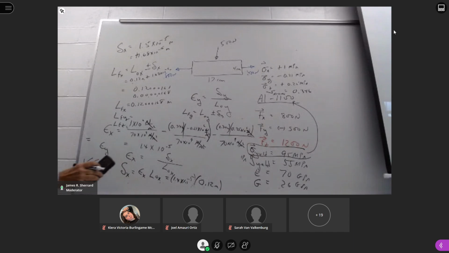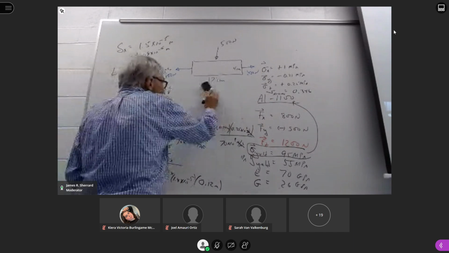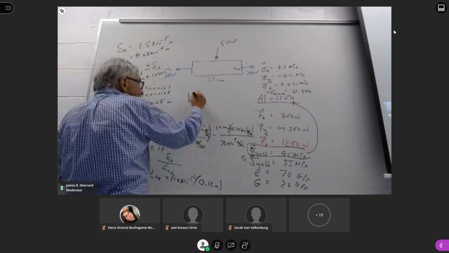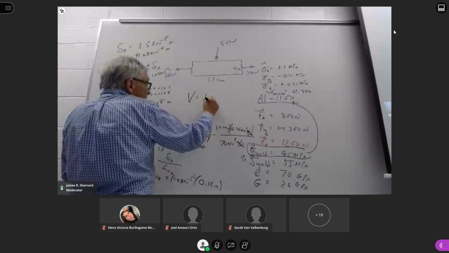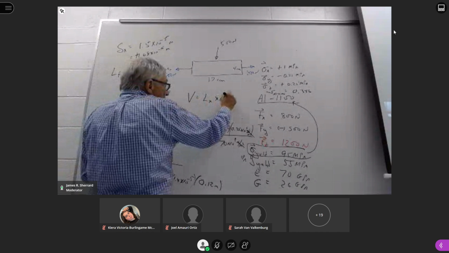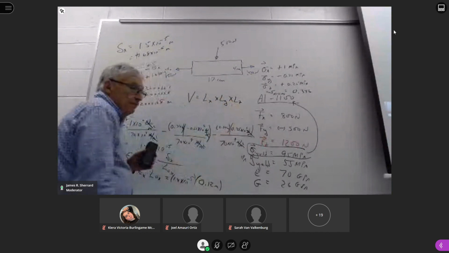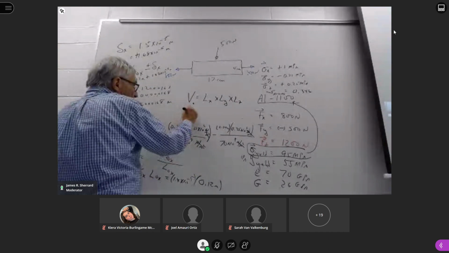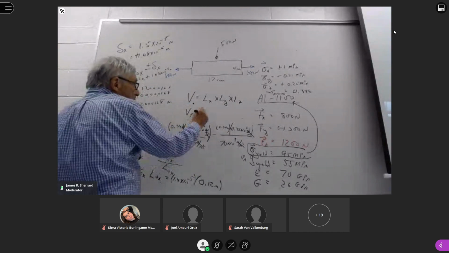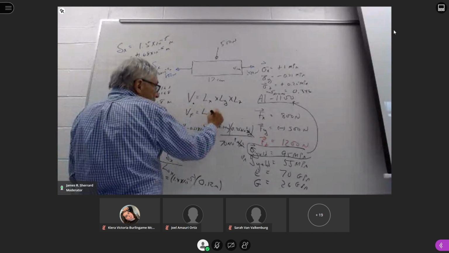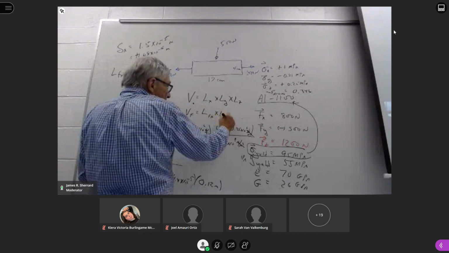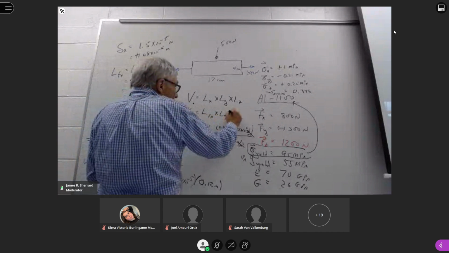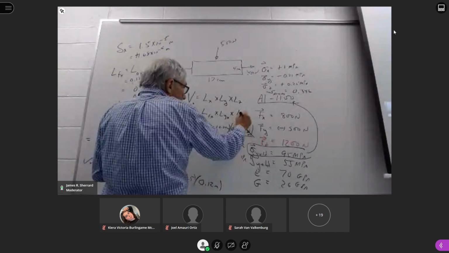And as a sort of proof of what you've done, we know that the original volume was the length in x times the length in y times the length in z. So this is the original value. We know that the final volume is the final length in x times the final length in y times the final length in z.